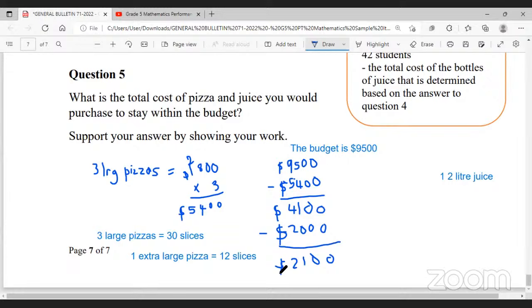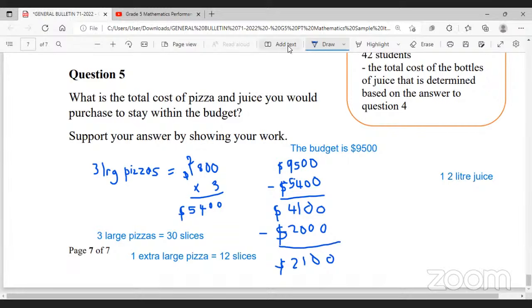So now I can say that all my pizzas are bought because I have enough slices for 42 students. Now with the $2,100, I can do the remaining juices. So I know that I was going to buy 11 2-liter juices based on what I calculated initially.